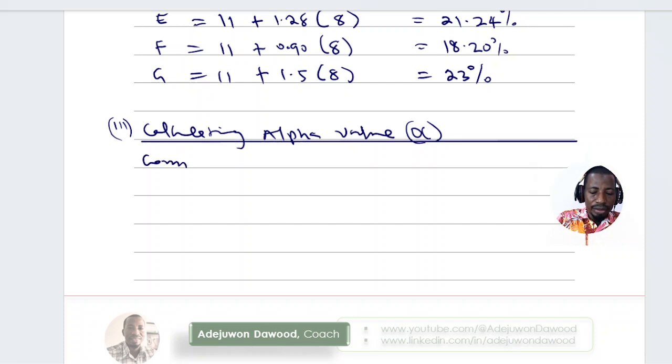So we have the companies: Dashing, Elegant, Fantastic, and Gaudy.